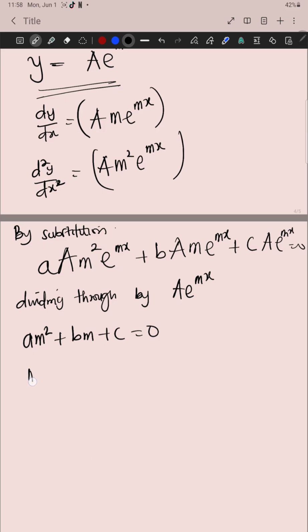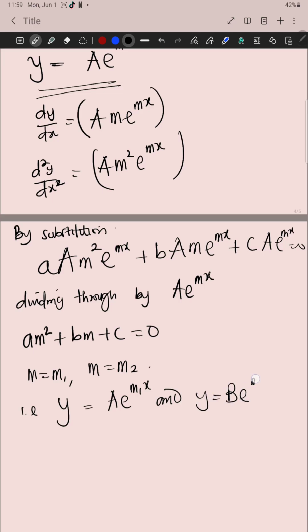Let us say m is equal to m1, and let's say m is equal to m2. It means that y is equal to a e to the m1x and y is equal to b e to the m2x. And these are the solutions of the given equation.